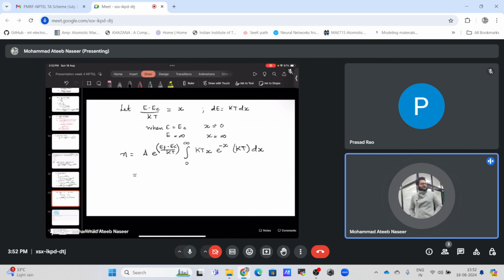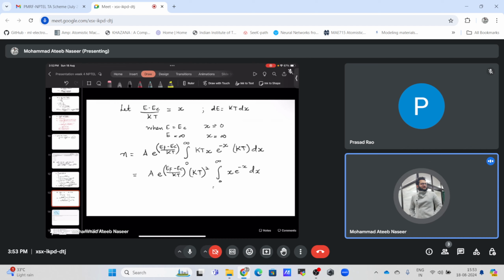So it is simply A times exponential of EF minus EC by KT into KT squared, integral 0 to infinity of x e to the minus x dx.